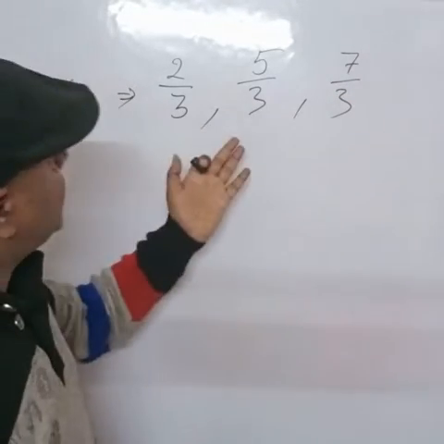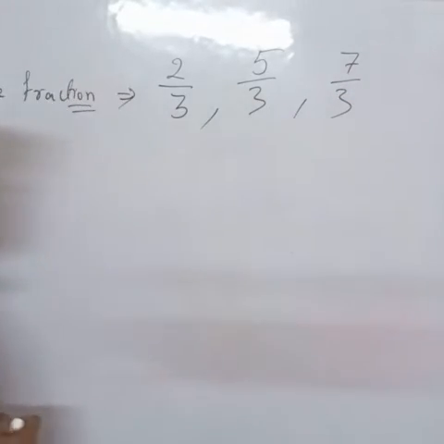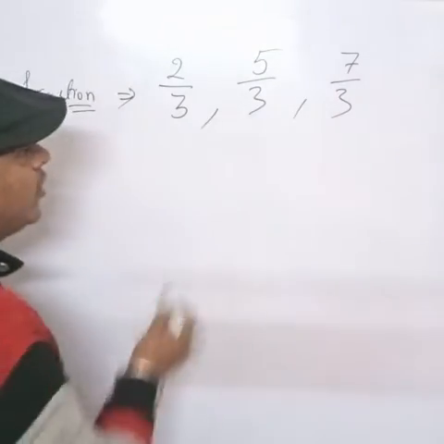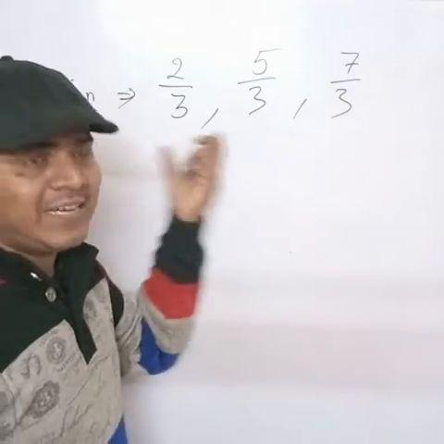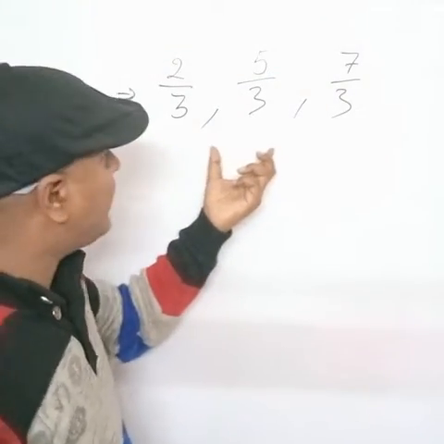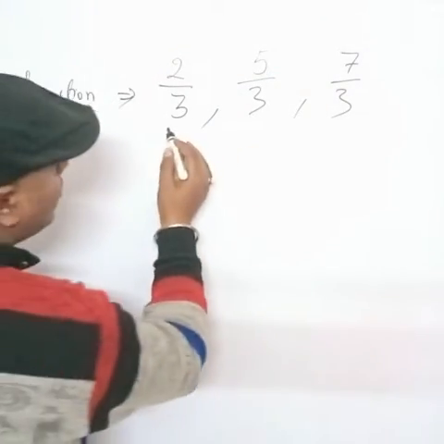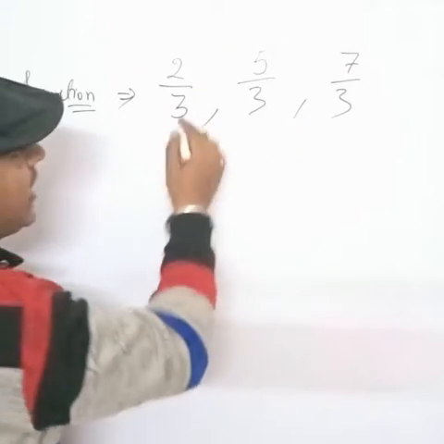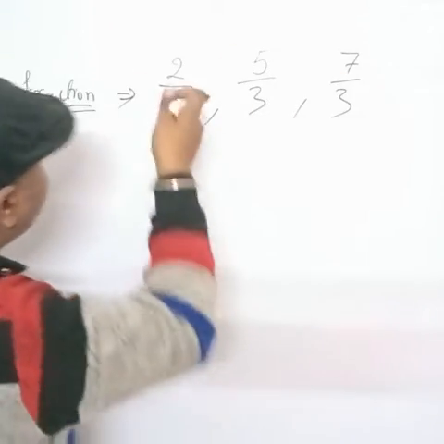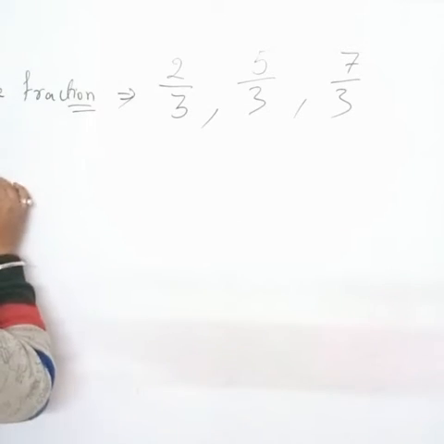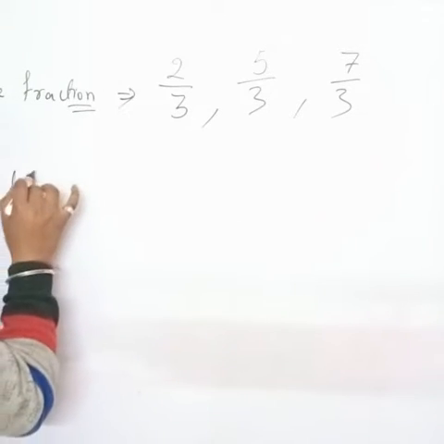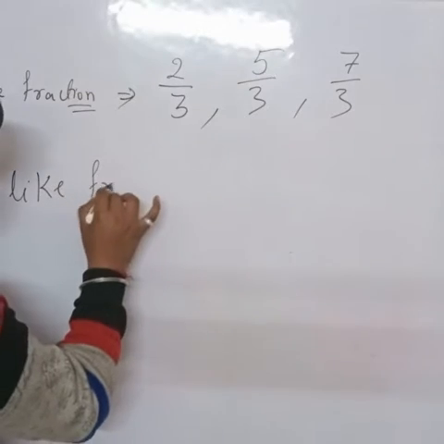In these three fractions, we can see that the denominator is same. Like means same. So this fraction is called like fraction.